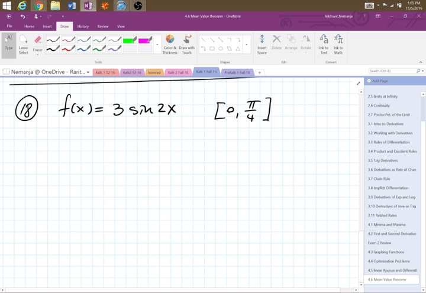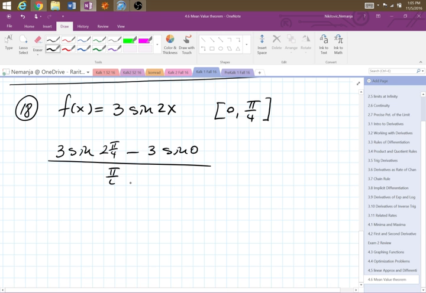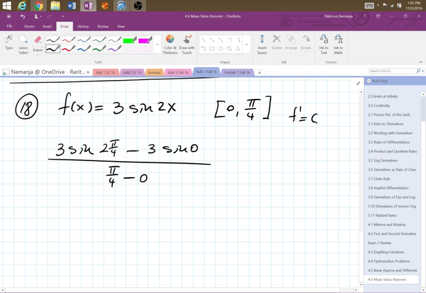Let's take a look at this. So we start with 3 sine of 2 times pi over 4 minus 3 sine of 0 divided by pi over 4 minus 0. F prime is 6 cosine 2x, which means that on this side we have 6 cosine 2c.